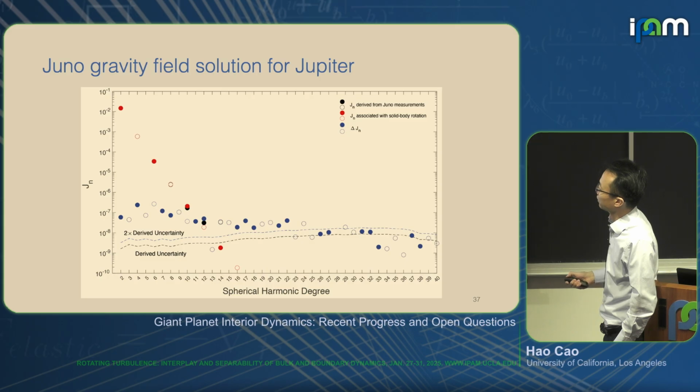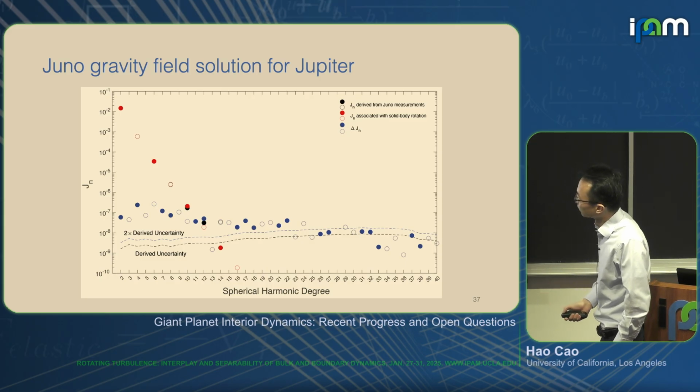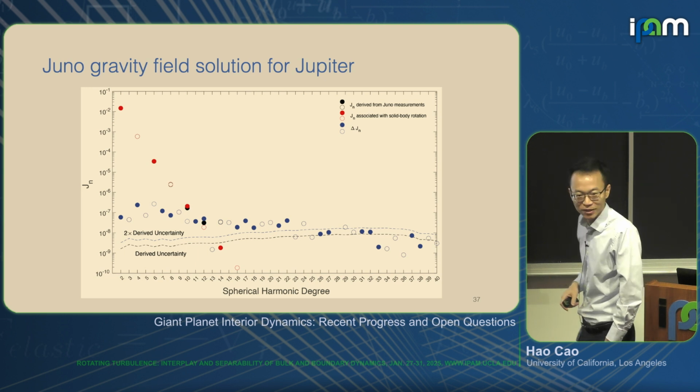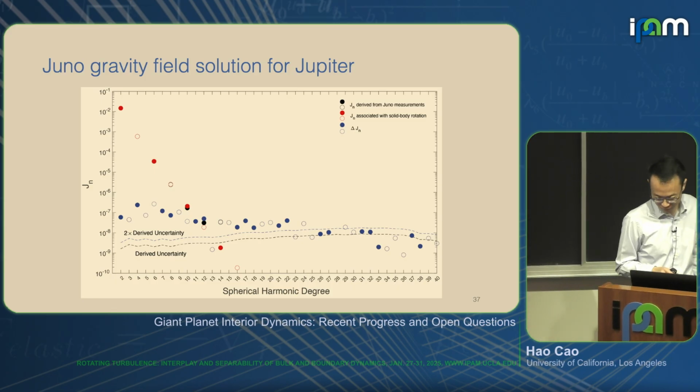And you also see the derived uncertainty and twice the derived uncertainty. The claim we made that we can measure Jupiter's gravity field to one part in a billion comes from here, in the low-degree spherical harmonics.